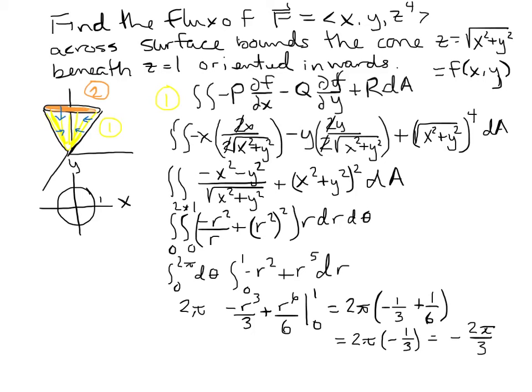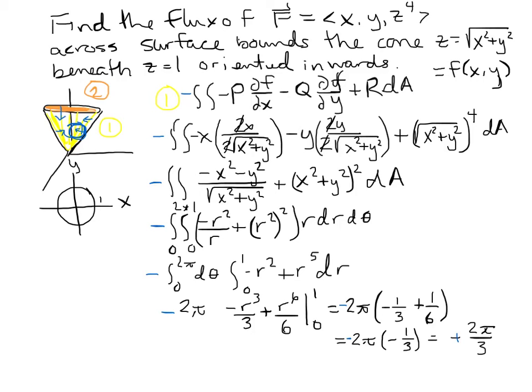Now, I have forgotten, luckily I remembered, a very important step in all of this, and that is the fact that those normal vectors pointed inwards for the cone. So on all of this, I've got to include a little negative sign out in front of all of it, which really, at the end of it, makes it positive 2 pi over 3.